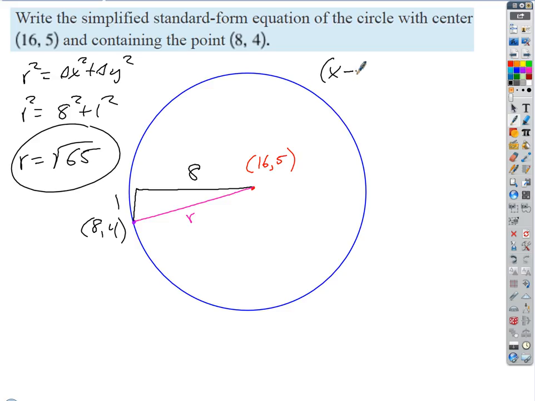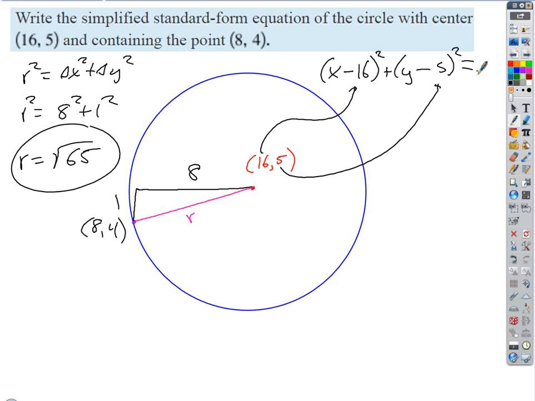Okay, so (x minus h) squared plus (y minus k) squared equals r squared, which is 65. No biggie, right? Once again, not too bad, because even though we weren't directly given the radius, it was pretty easy to find. And so that's a pretty easy way to express our answer.